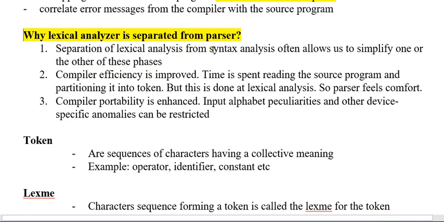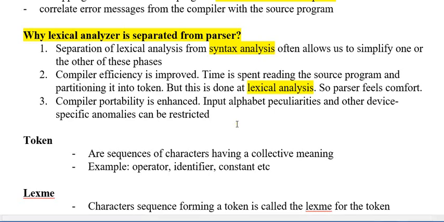We already know that the parser is a part of the syntax analyzer. Second, compiler efficiency is improved, since time is spent reading the source program and partitioning it into tokens, which is done in the lexical analyzer part. So there are two separate parts: partitioning into tokens, and generating the parse tree.